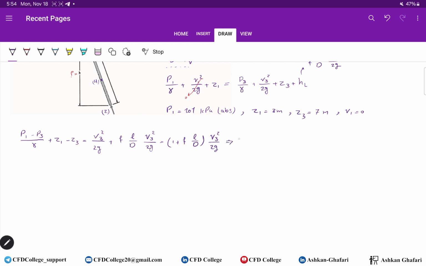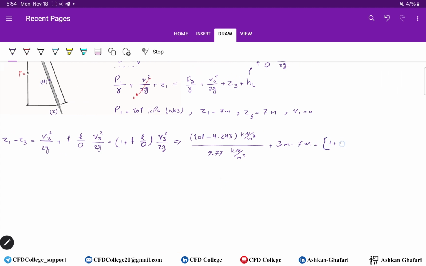So now the values: P1 is 101 minus PV is 4.243, both in kilopascal, so kilonewton per square meter, over gamma of water, 9.77 kilonewton per cubic meter, plus 3 meters minus 7 meters equals 1 plus 0.02 times L, which is 10 meters, over D, which is 0.012 meters.